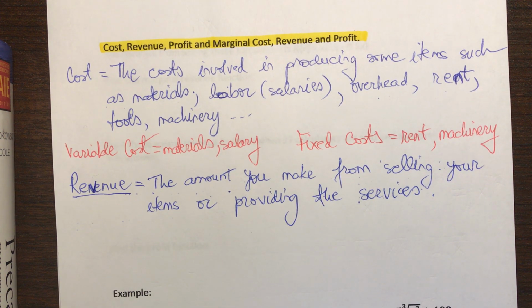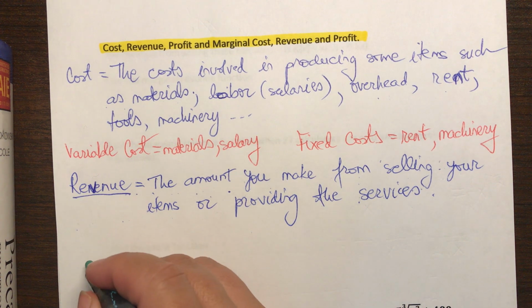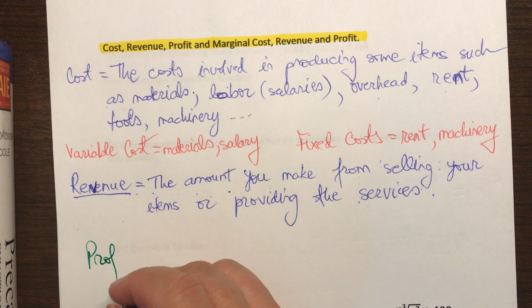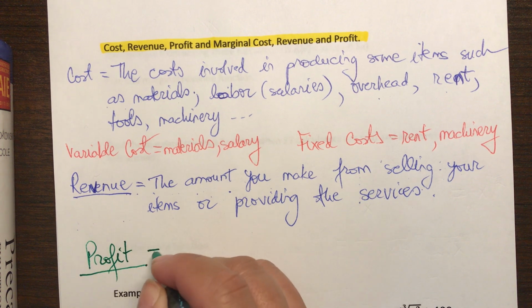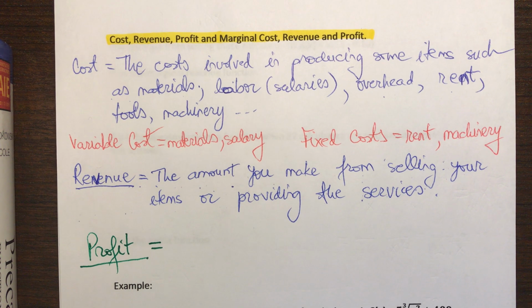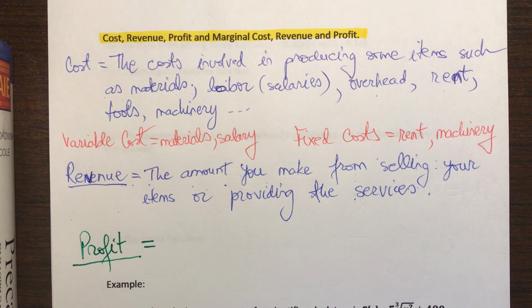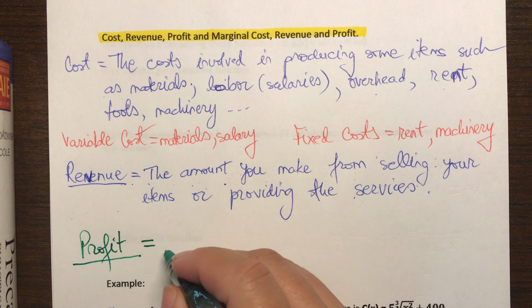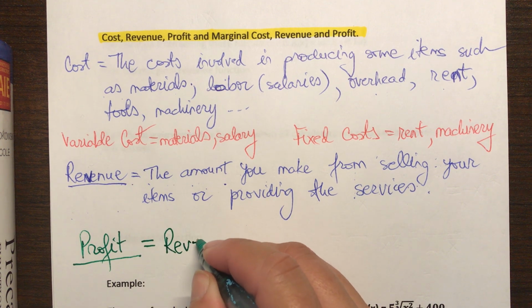Okay. So, putting this together, what is profit? I feel many students actually make a big mistake on this, but as business students you should know that profit is simply revenue minus cost.